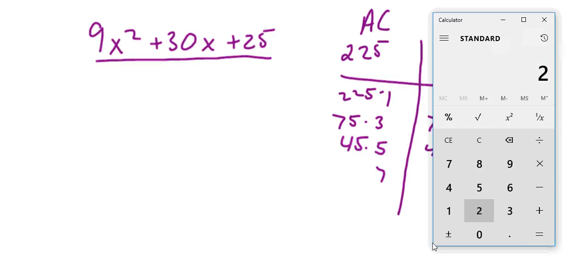No. 225 divided by 13? No. What else can we do? 10 won't work, it gives us a decimal. 225 divided by 15. That'll work, right?